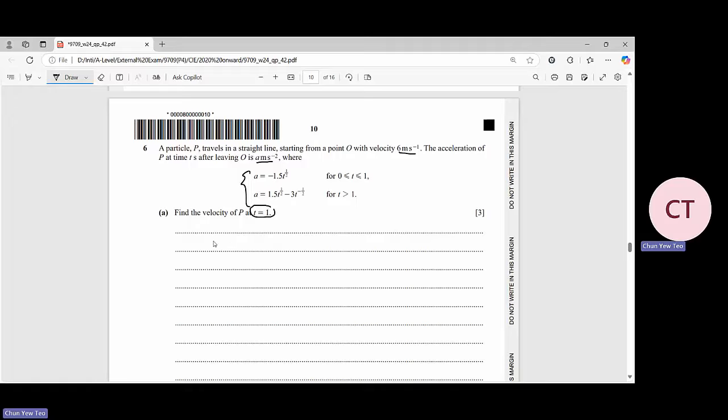To find the velocity at t equals 1, I need to integrate this part. It will be negative 1.5, and I make the 1.5 become 3 over 2. Then I integrate this and get v equals negative t to the power 3 over 2 plus C. I need to find the constant C. They mentioned that when t equals 0, v is equal to 6.